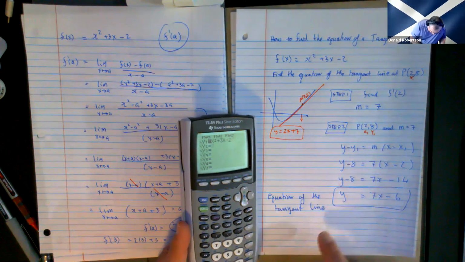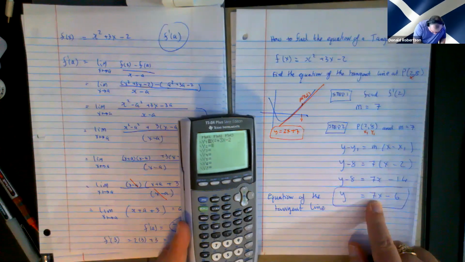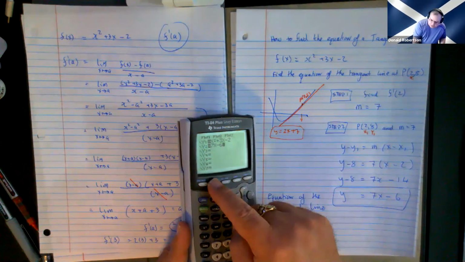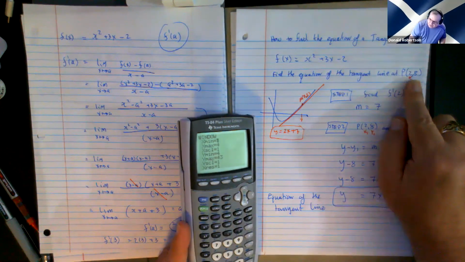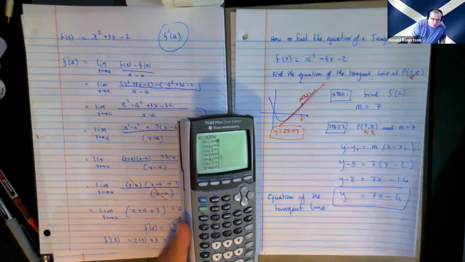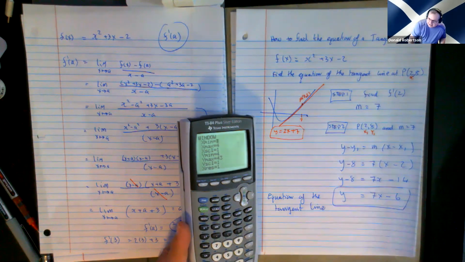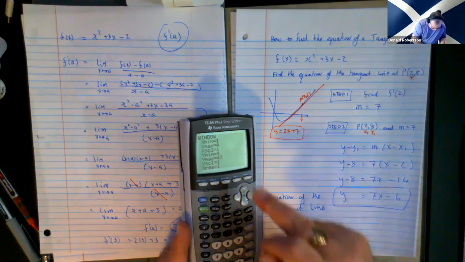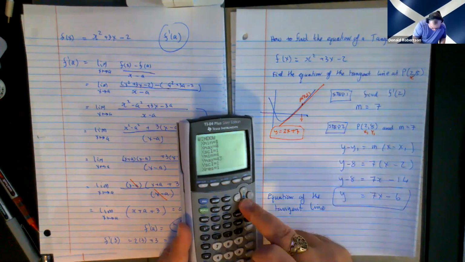And the tangent line should be y equals 7x, take away 6. And I'm going to go to the window. Since I'm only interested in the tangent line at x equals 2, because the coordinates are 2, 8 but the x coordinate is 2, I'm only going to do my window from 1 to 3.